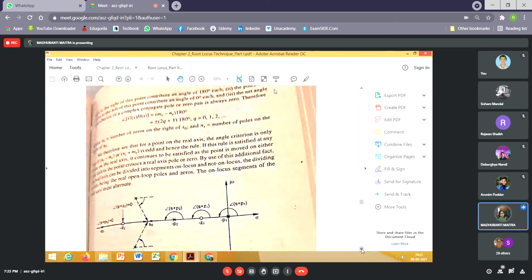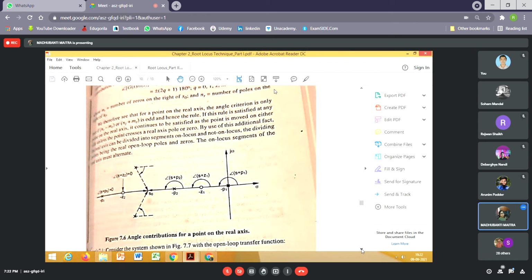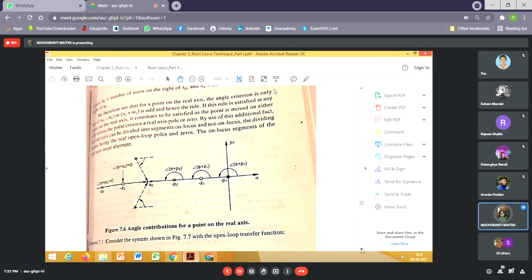So once we understand this rule, some interesting observations can also be found. Now, number one, in this case, we find that this trial point will lie on the root locus.